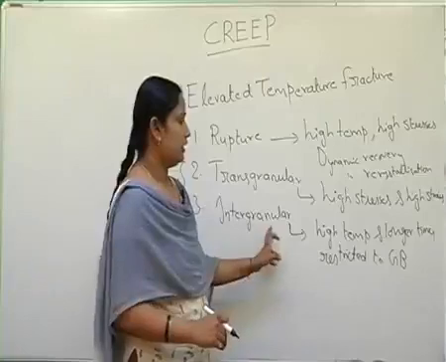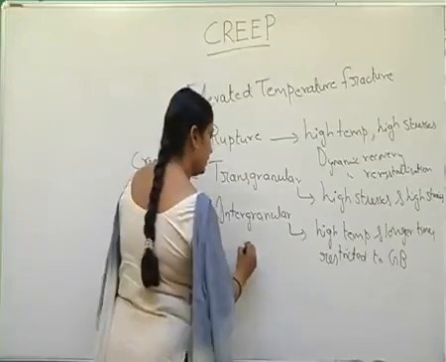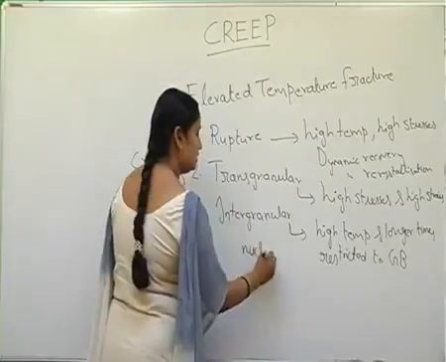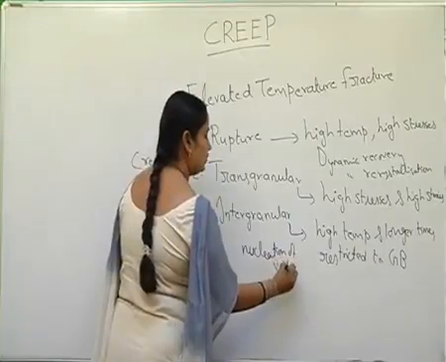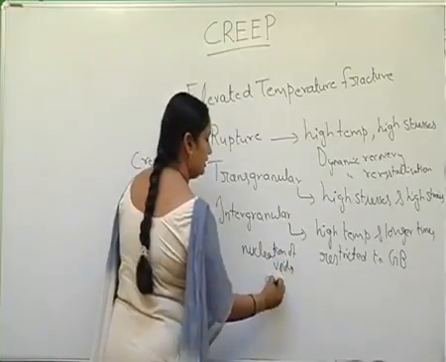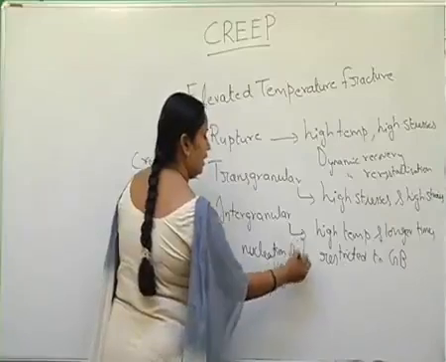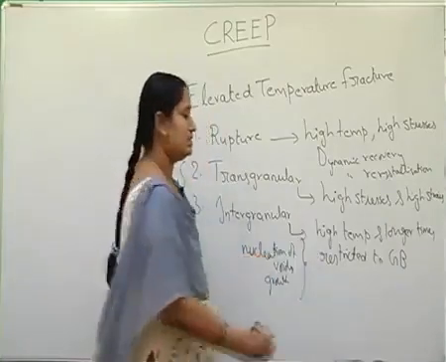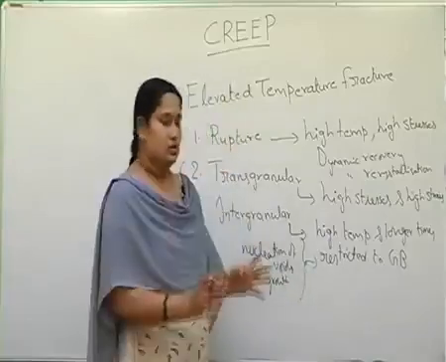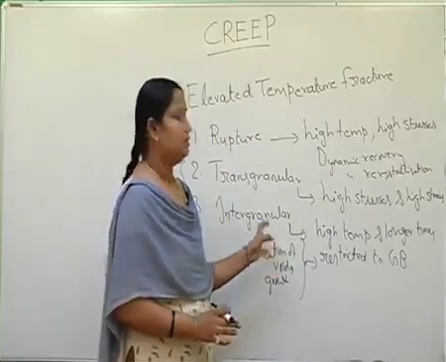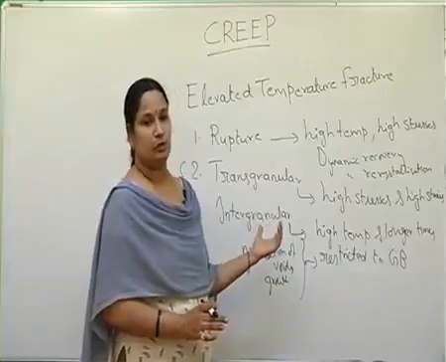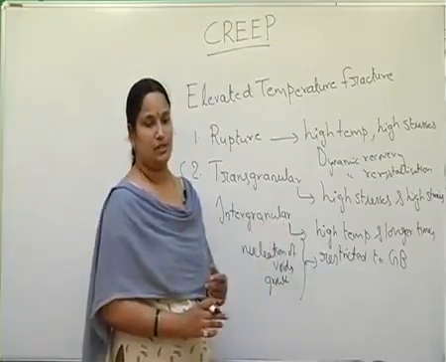In the case of intergranular, the nucleation of voids and growth of these voids all occur along the grain boundary. So it is restricted to the grain boundary. This type of intergranular fracture is similar to a brittle type of fracture.